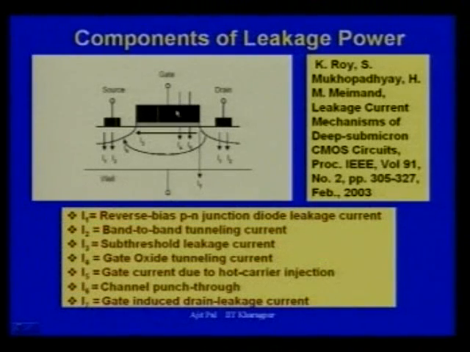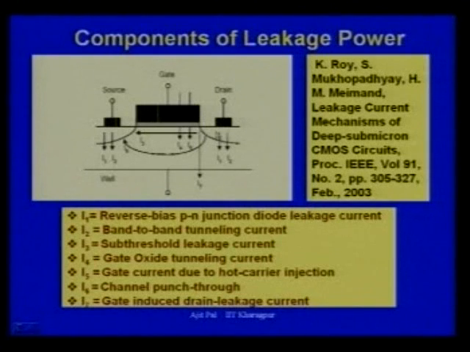Here you can see this is a MOS transistor. I believe you are now familiar with MOS transistors. You can see here there are various leakage currents, I1 and I2. These currents are taking place in the junctions of the diodes.